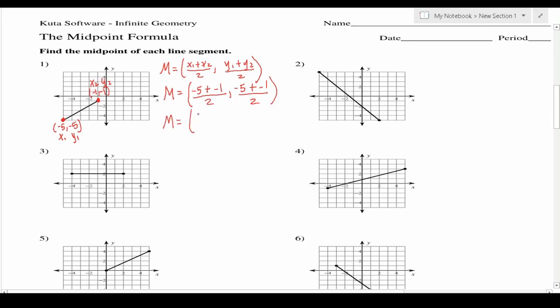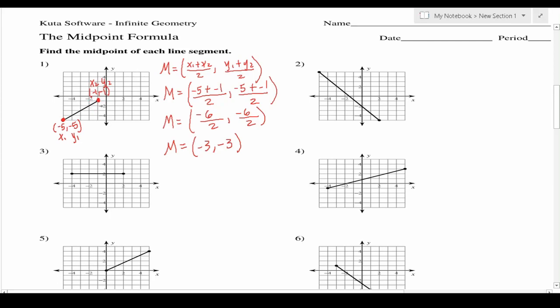Negative 5 plus negative 1 is negative 6 divided by 2. Reducing this further, we can see negative 6 divided by 2 is simply negative 3. So, in other words, the midpoint of this line segment is at the point negative 3, negative 3.